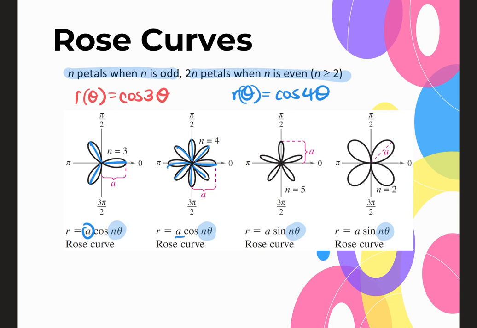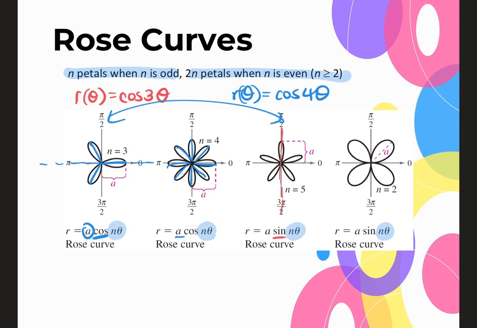Now if they're an odd number, they'll have symmetry to the pi over 2 line or to the polar axis, like these two. Notice it's cosine with a multiple angle. This is going to have symmetry to the polar axis. This one is sine with the multiple angle. It's going to have symmetry to the pi over 2 line.